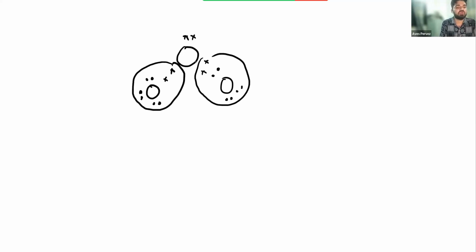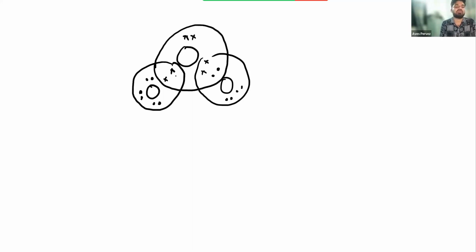There are only 4, and we are just drawing 1 and 1 here. So the central oxygen atom is using its own electrons to make a bond with this one, and now it is going to have 8. This is going to have 8 this way, and this is also going to have 8.